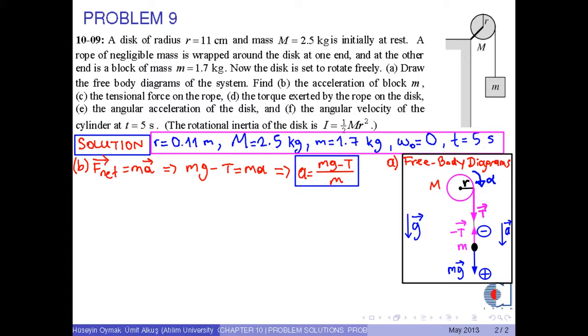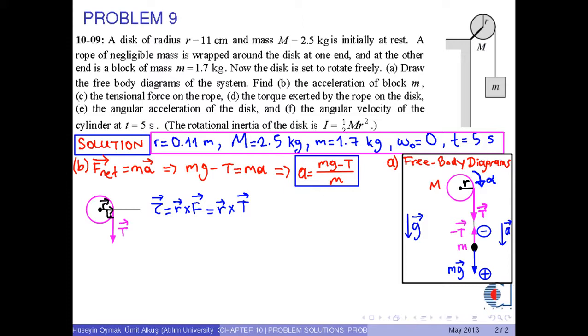To find an expression for tension, we make use of the definition of torque, which is tau equals r cross F. Here, force F equals the tensional force on the rope.